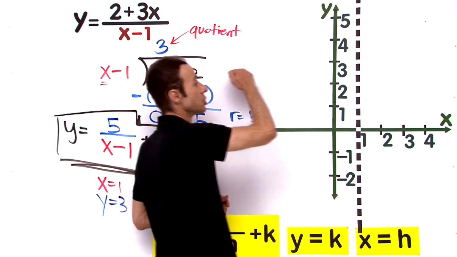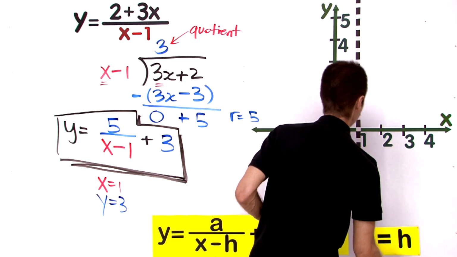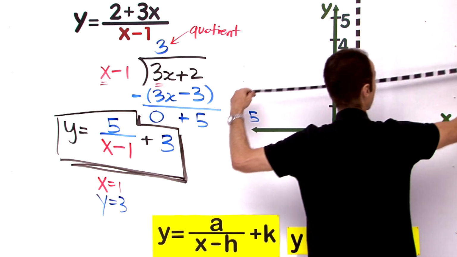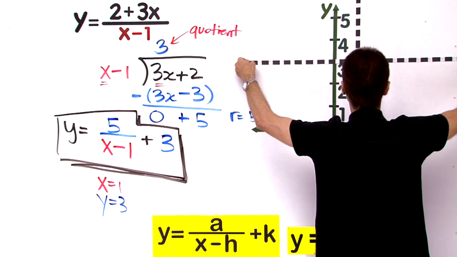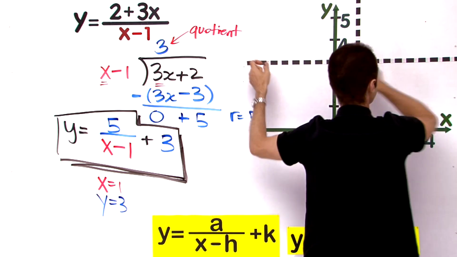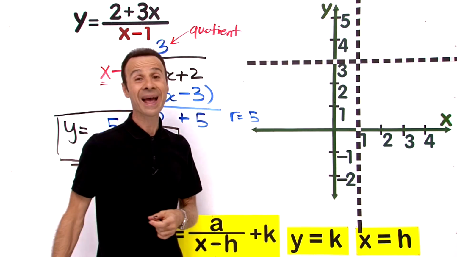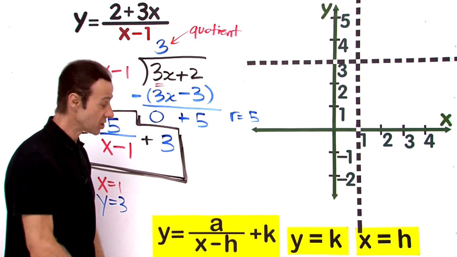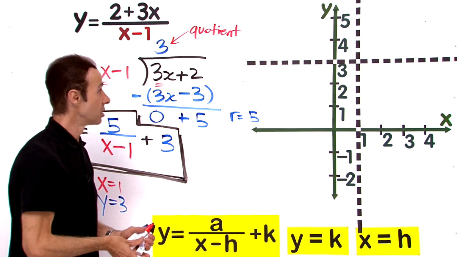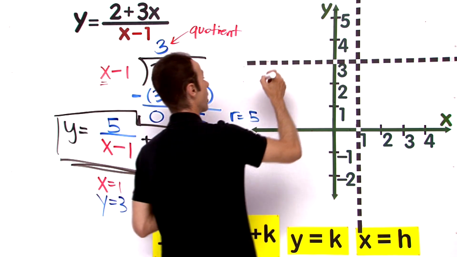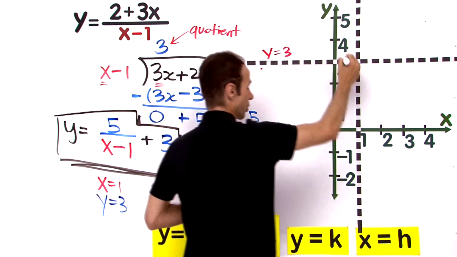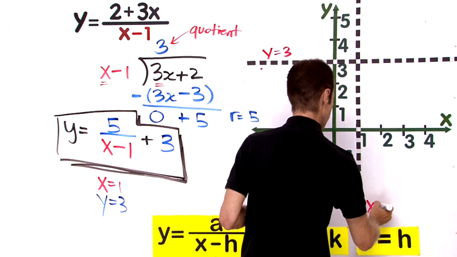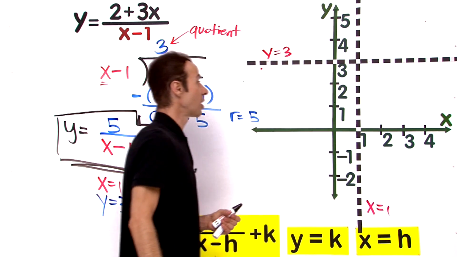Y equals 3, straight across there. Okay, there's our second asymptote. So let me just mark them up now. This one is y equals 3, and this one is at x equals 1, the 2 asymptotes.